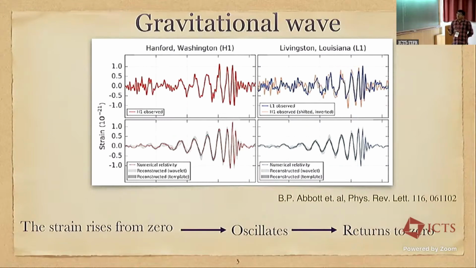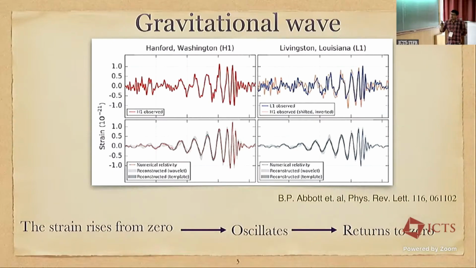The waveform matches exactly with the prediction of general relativity for gravitational waves emanating from the merger of two black holes. If you see the waveform, it starts from 0, oscillates for a few cycles, and then goes back to 0. So this is a gravitational waveform.